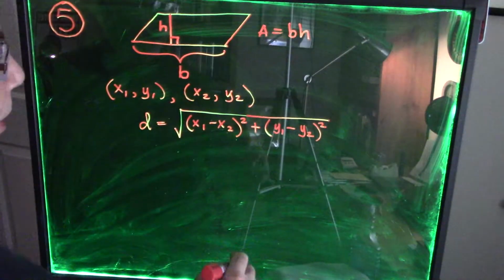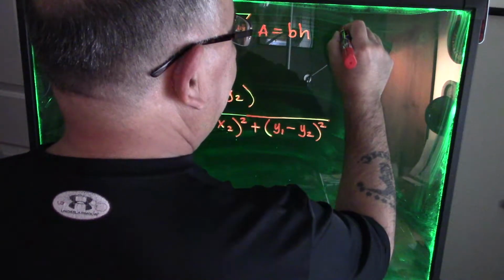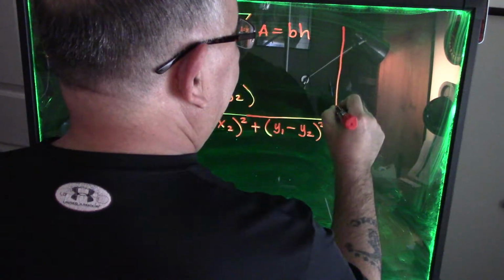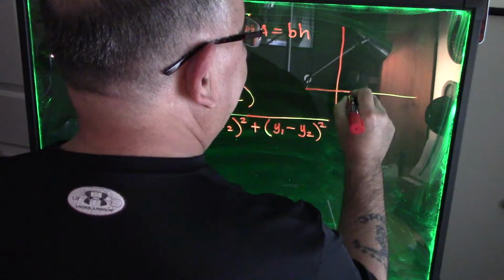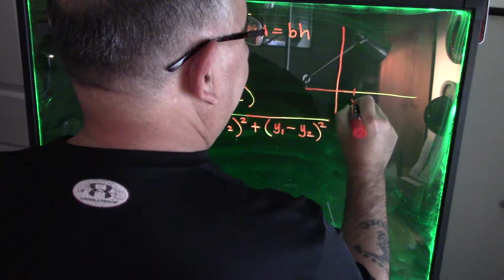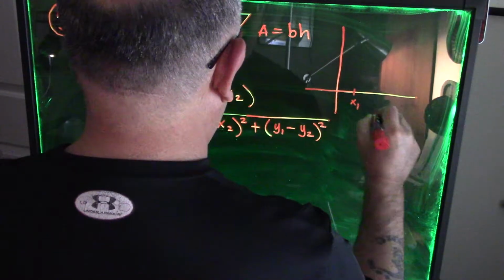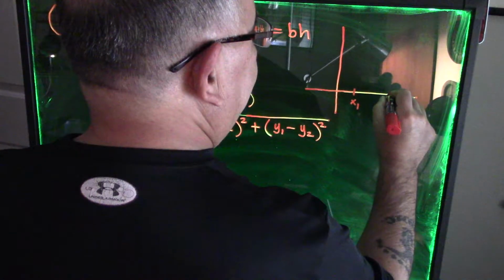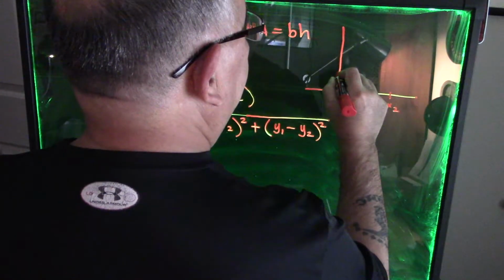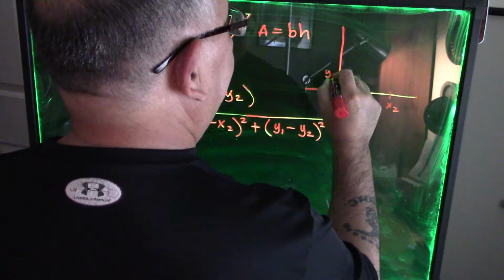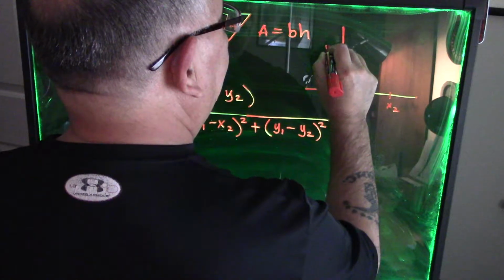Again, that comes from the Pythagorean Theorem. I'll draw you a quick little diagram of what's going on, just in case you're curious. Here's x1, and here's x2, let's say. And let's say that's y1, and that's y2.